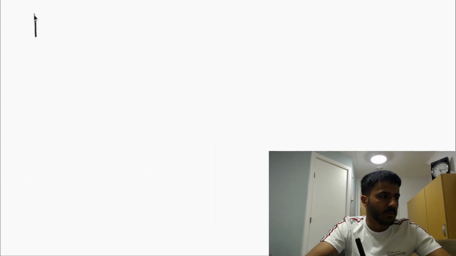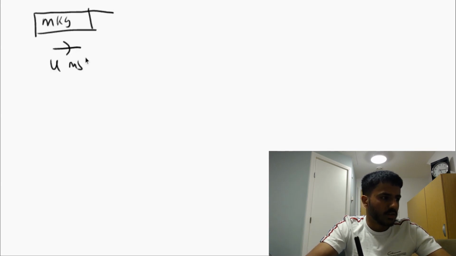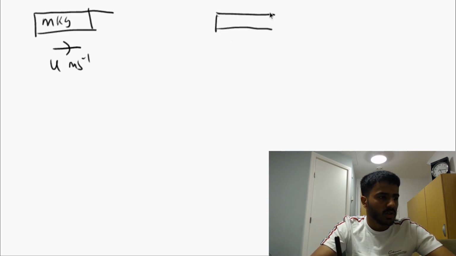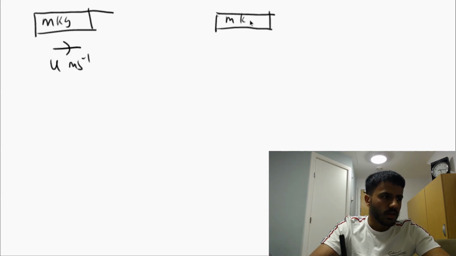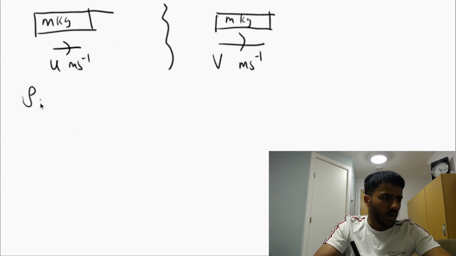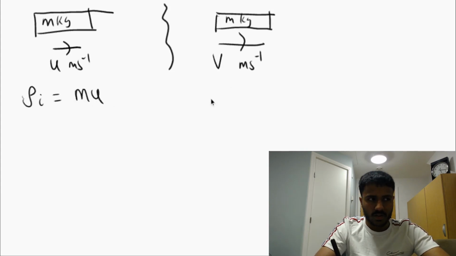Let's say I had the same body of mass m kilograms moving at a speed u meters per second. And then there's some event, and it changes speed to v meters per second. Now the initial momentum, p_i, is equal to mu, and the final momentum after the event is mv.